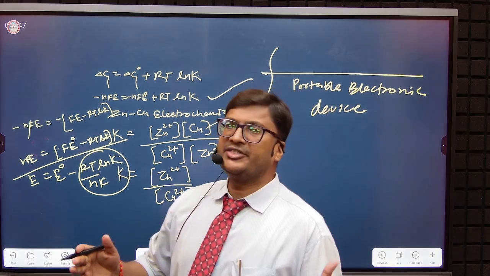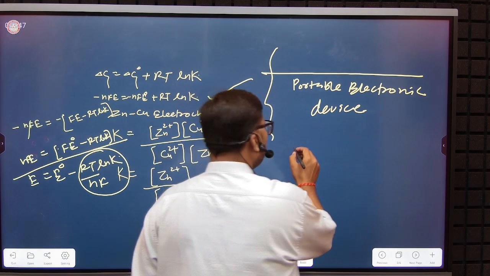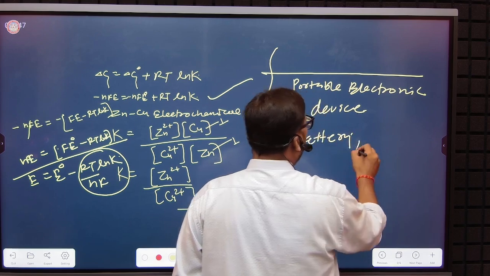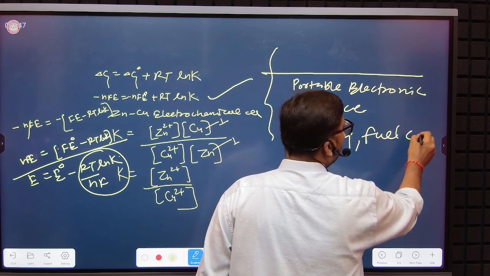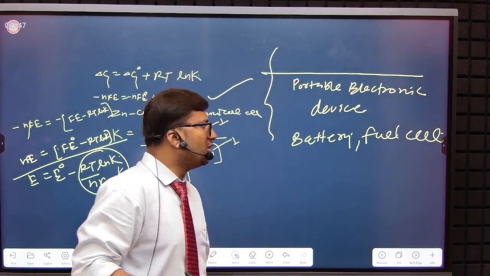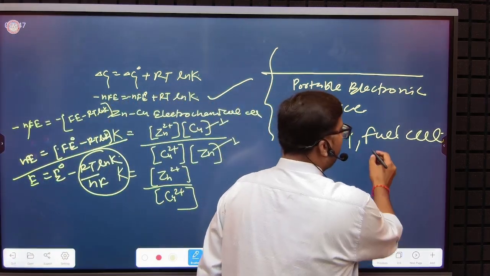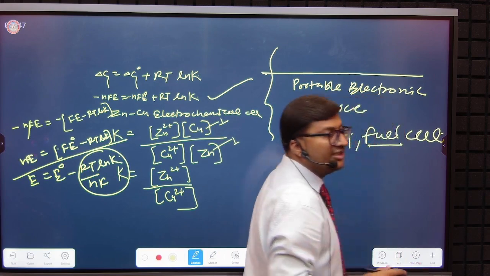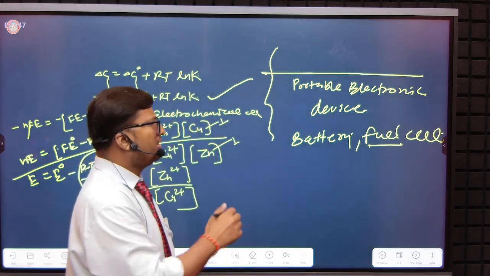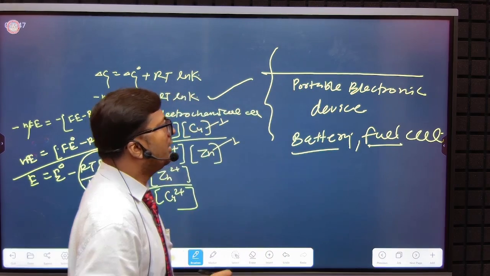Most important are batteries and fuel cells. Both are based on electrochemical reactions, but in a fuel cell there is a fuel, and oxygen is required for the chemical reactions. So both devices produce electricity, right?